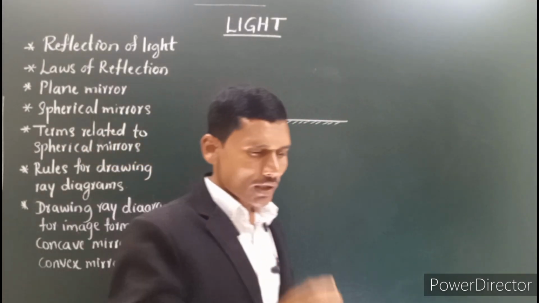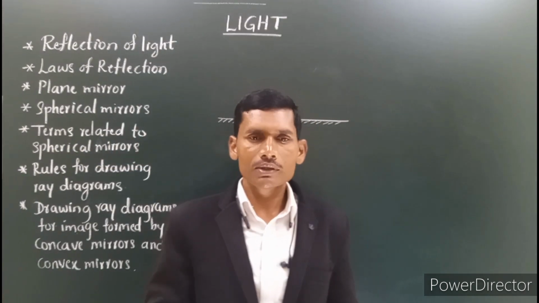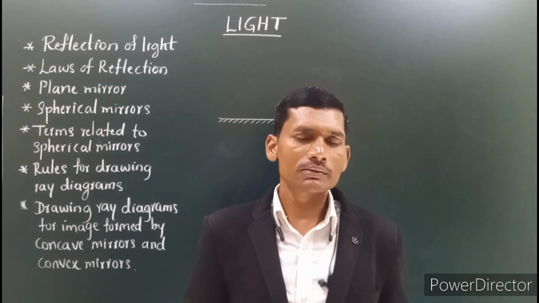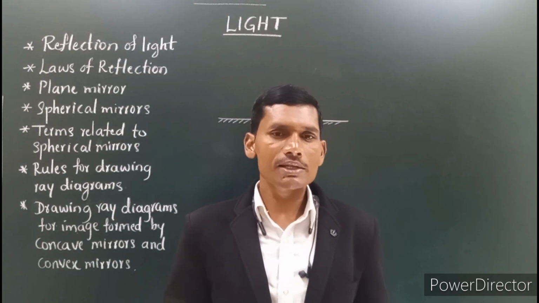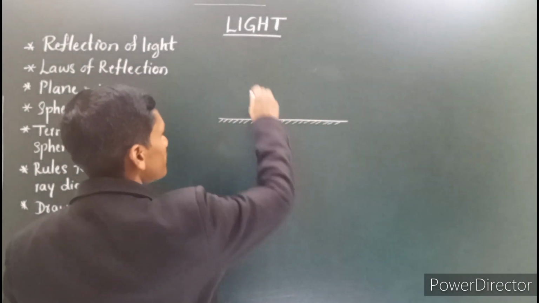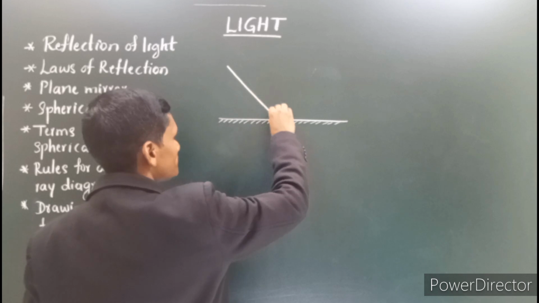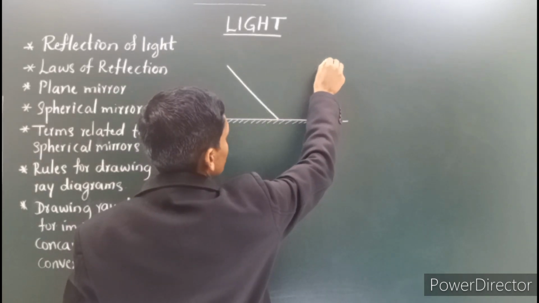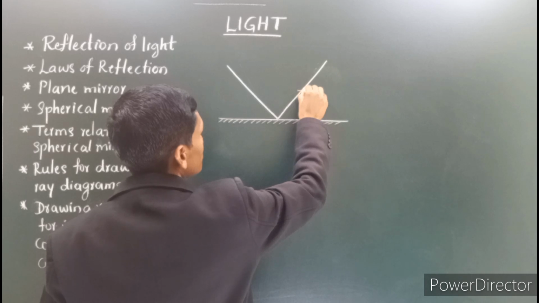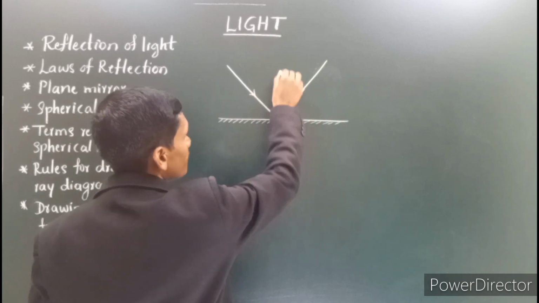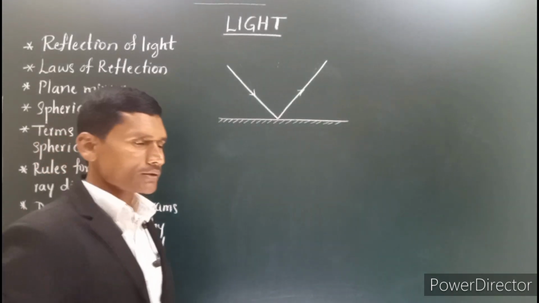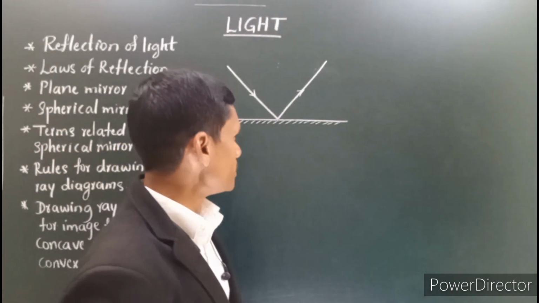When we throw a ball on a hard surface, if the ball is made of rubber, it bounces back, right? It must bounce back. In the same way, on this polished surface, when we leave light rays, it bounces back. This bouncing back of light rays from a polished surface is called reflection of light, as we already know.